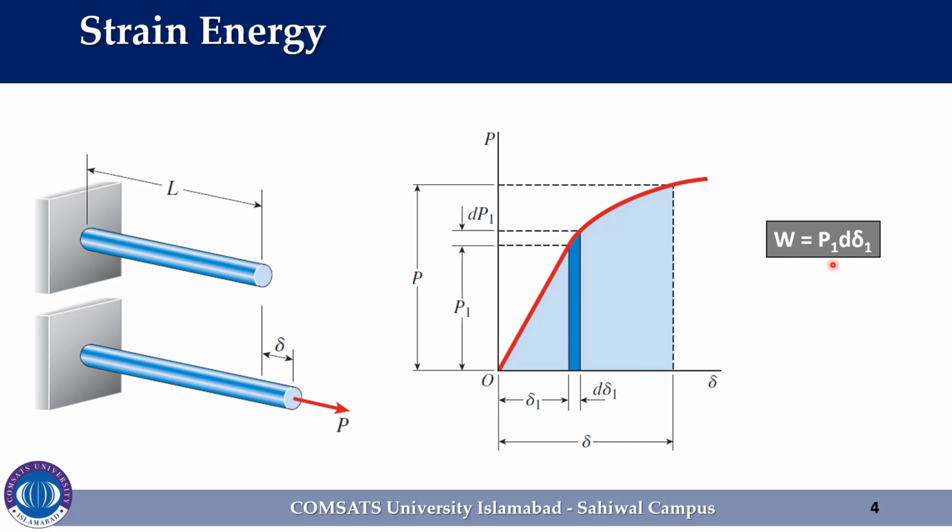This work is represented in the figure by the area of the shaded strip below the load displacement curve. The total work done by the load as it increases from 0 to the maximum value P is the summation of all such incremental steps. In geometric terms, the work done by the load is equal to the area below the load displacement curve.